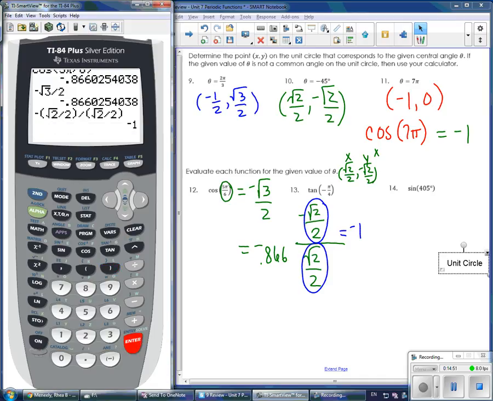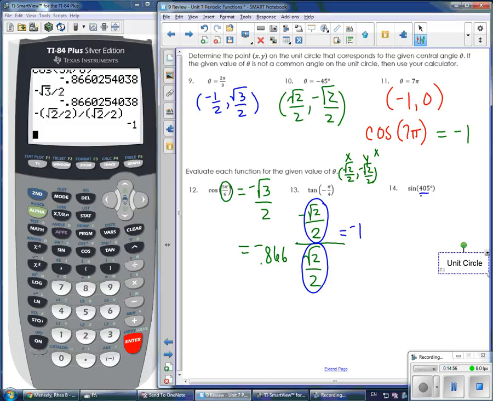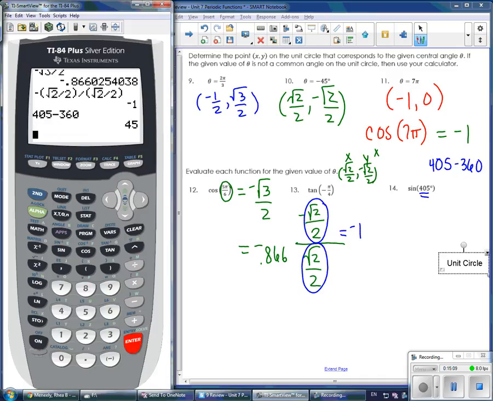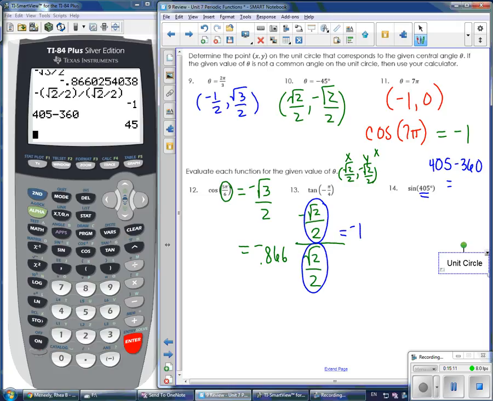The sine of 405 degrees. Well, notice that 405 degrees is beyond 360. So do what we did in the first section and subtract 360 to figure out what angle we're dealing with. So 405 minus 360 leaves us with a 45-degree angle.